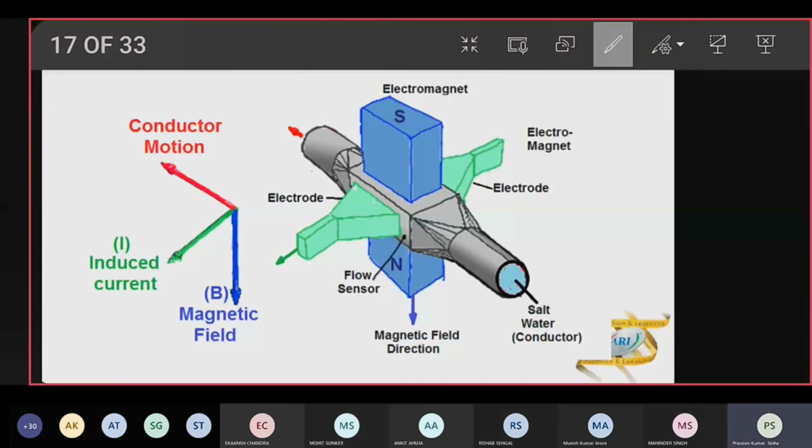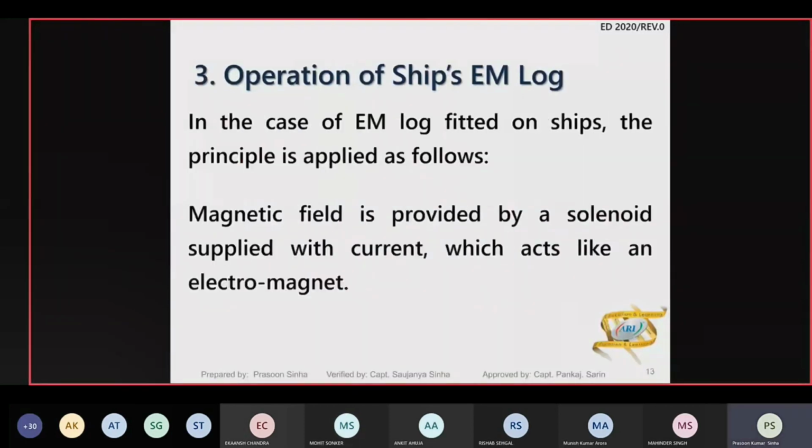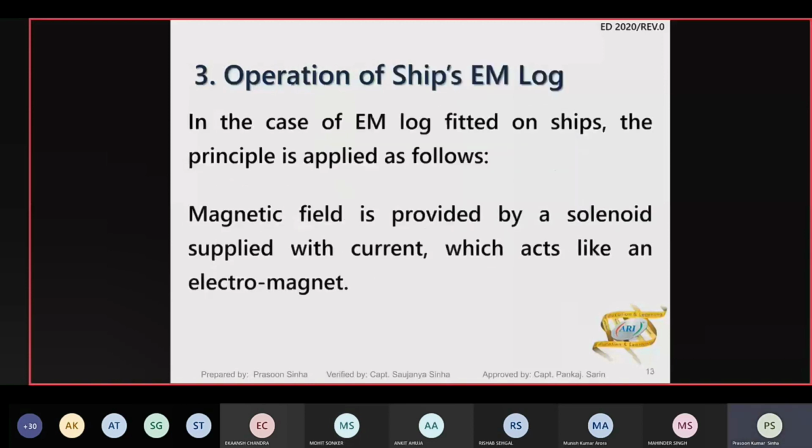So description of the same, please go through this quickly. That is the operation of the EM log, just go through it.